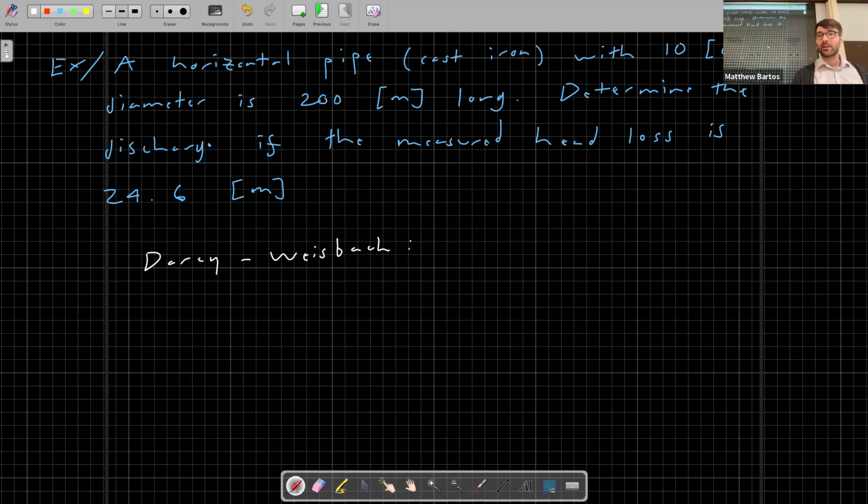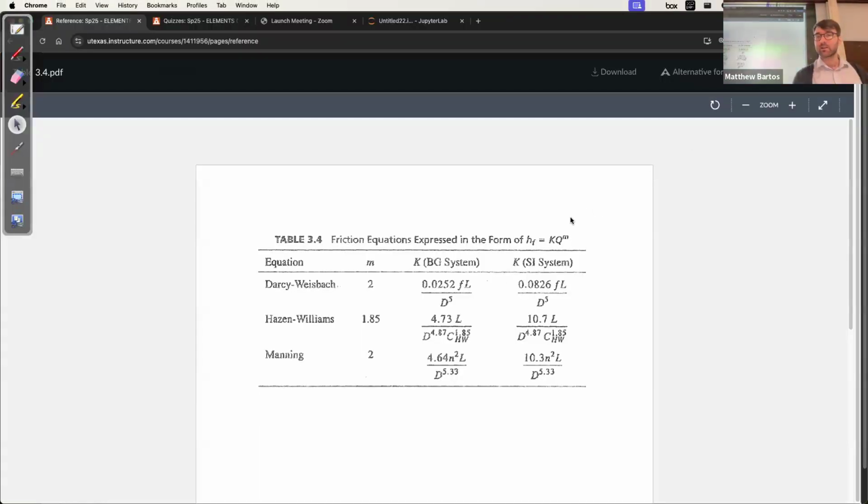We are in SI units. We're using Darcy-Weisbach, so our frictional losses are equal to K times Q to the M power. Our exponent M is 2. And our expression for K is 0.0826 times the friction factor times the length of the pipe divided by the diameter of the pipe to the 5th power.